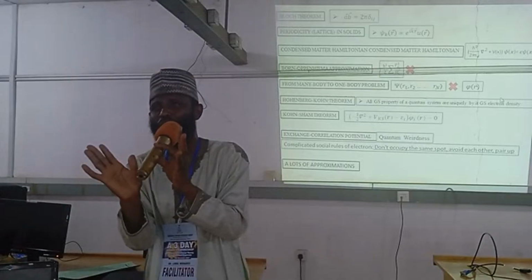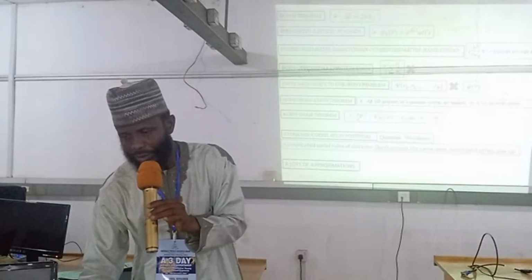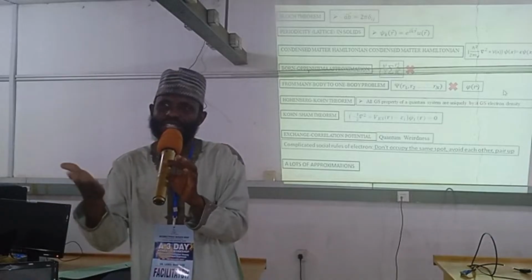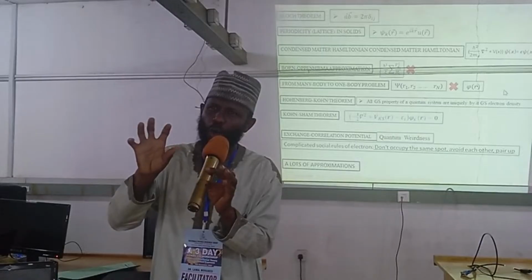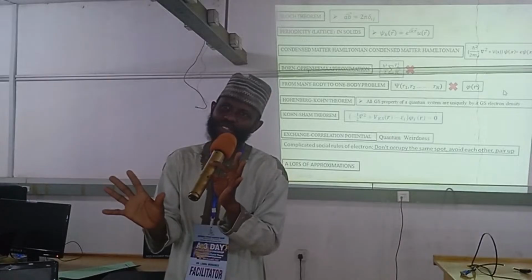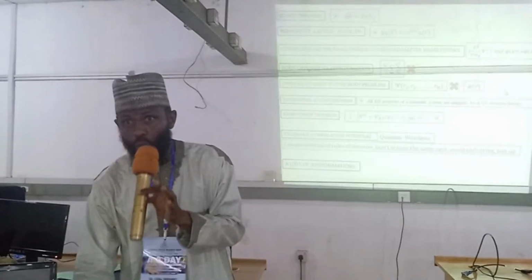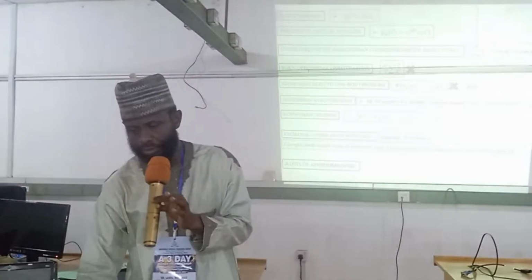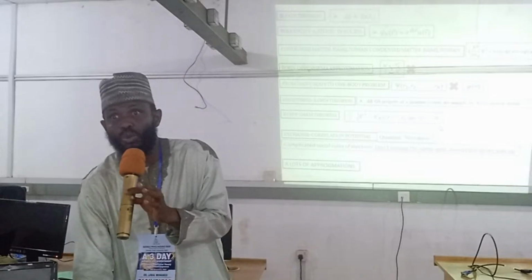I'm going to talk about correlation and exchange later on. And the last term proposed is what we call the exchange and correlation potential. And that is where the whole quantum mechanics of density functional theory lies. Whatever is happening is trying to approximate this exchange-correlation potential. And we are going to understand what actually that exchange correlation is. They call it quantum weirdness.